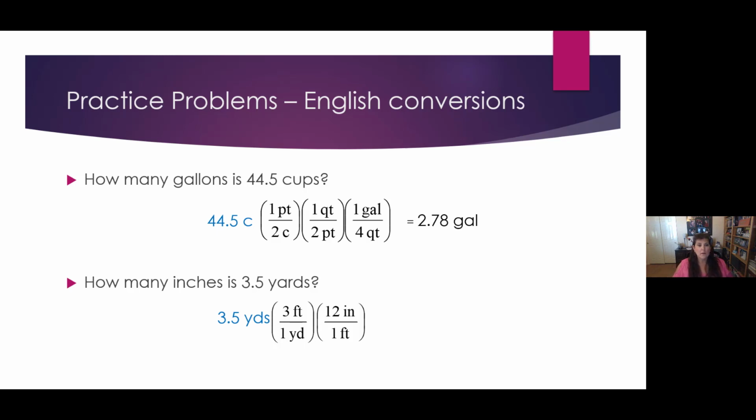Are we done? We are, because we have inches. Yards cancel, feet cancel. We're left with inches. So let's put it into the calculator. 3.5 yards times 3 divided by 1 times 12 divided by 1 equals 126.